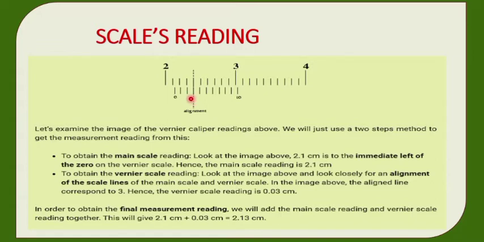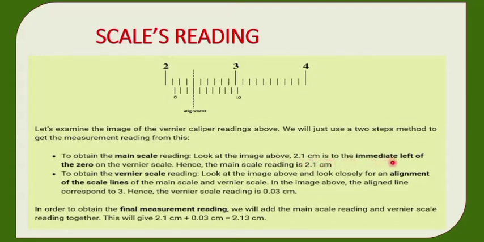We will use a two-step method to get the measurement reading. To obtain the main scale reading, look at the main scale above: 2.1 centimeter is to the immediate left of the zero on the vernier scale, hence the main scale reading is 2.1 centimeter.